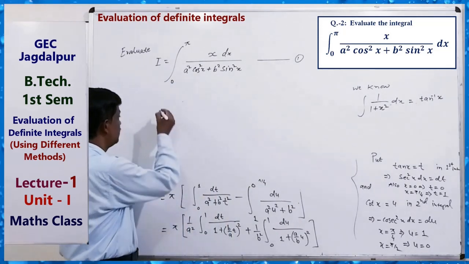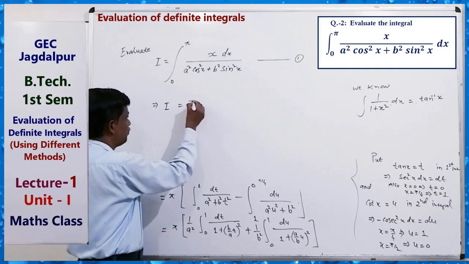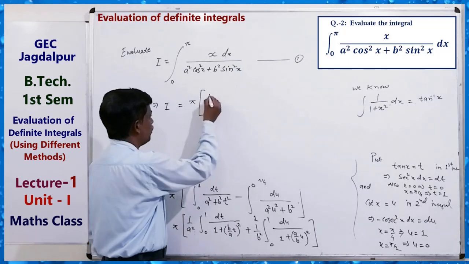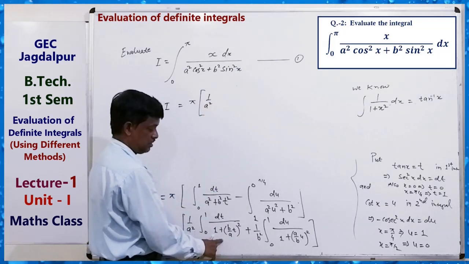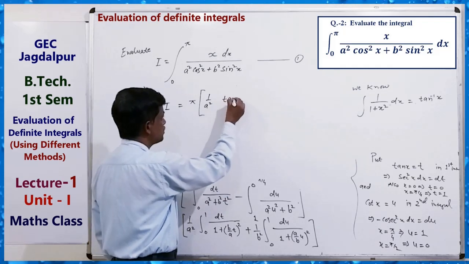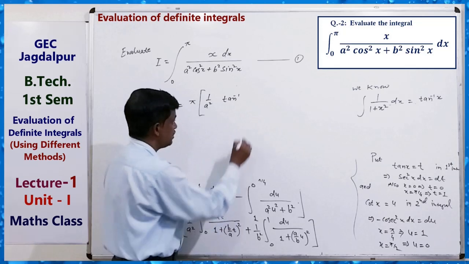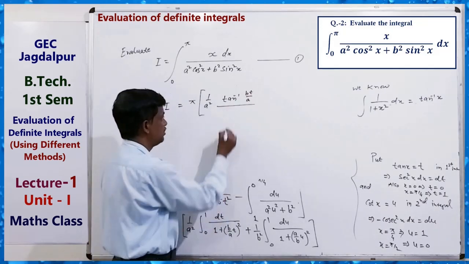We can get I equals, in the first integral, 1 by a square, tan inverse of b by a t upon b by a.